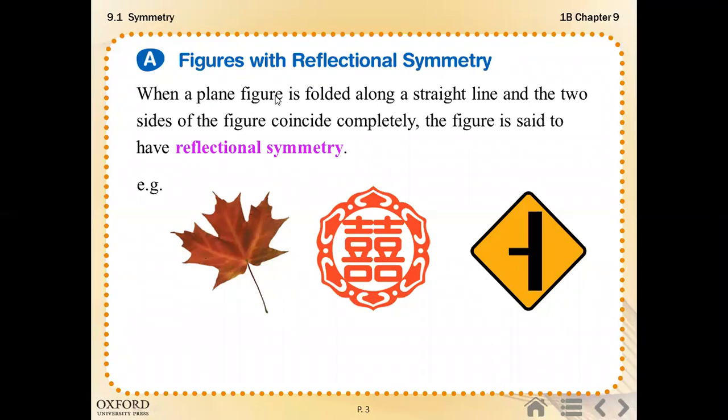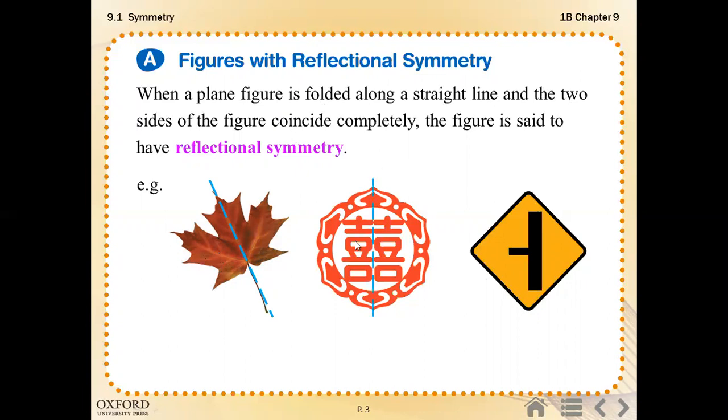For a plane figure, a figure that is folded along a straight line like this, you can see two sides of this figure coincide completely. That means overlap completely, equal on each half, okay?